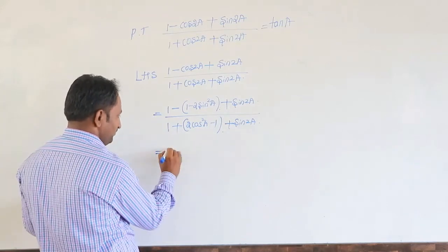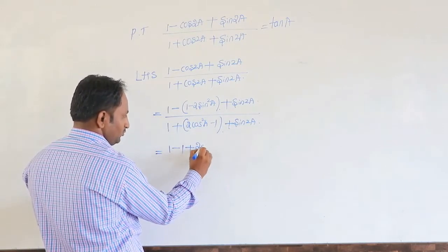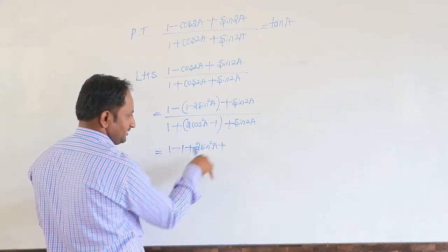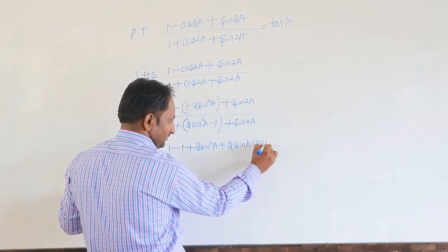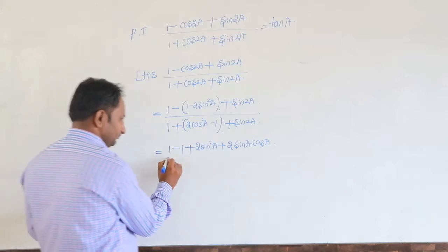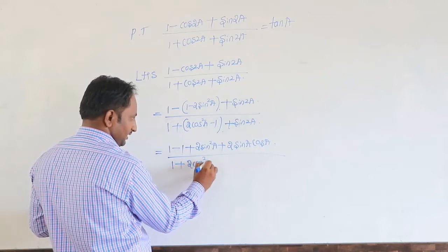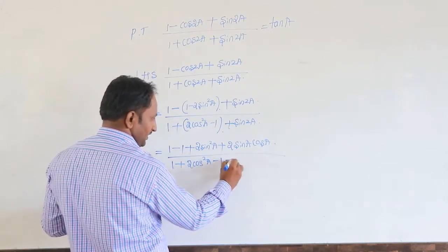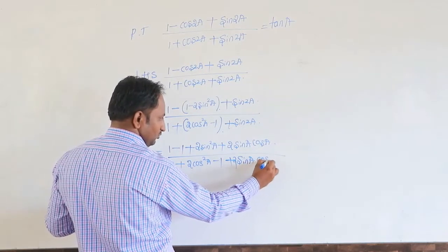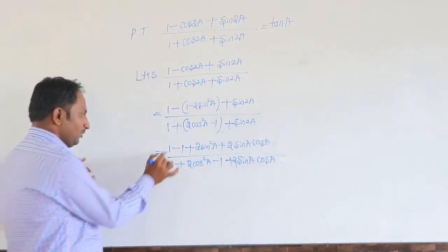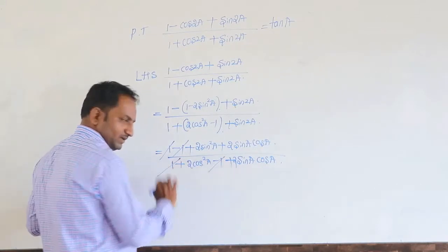here that's equal to 1 minus 1 minus into minus plus 2 sin square a plus sin of 2a formula is 2 sin a cos a divided by 1 plus 2 cos square a minus 1 plus 2 sin a cos a, plus 1 minus 1 get cancelled.